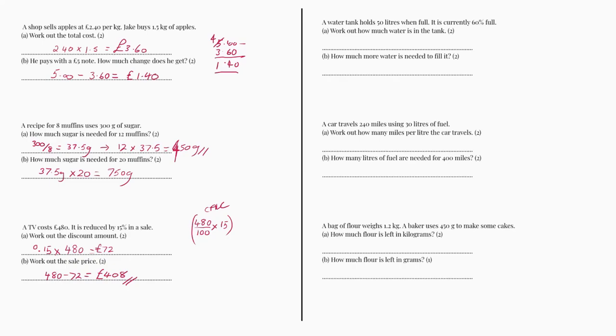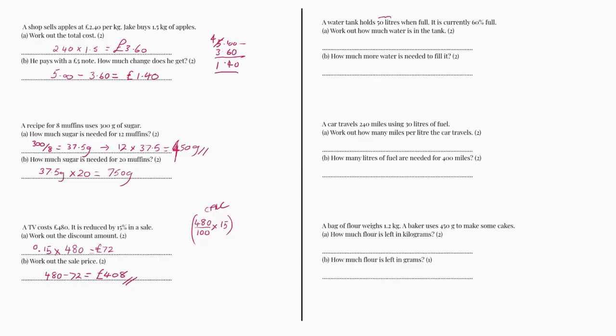Next one, a water tank holds 50 litres when full. It is currently 60% full. Work out how much water is in the tank. So this, I would probably say, is possibly a calculator question. So what we're going to do is the same formula here, because it's the same sort of question.